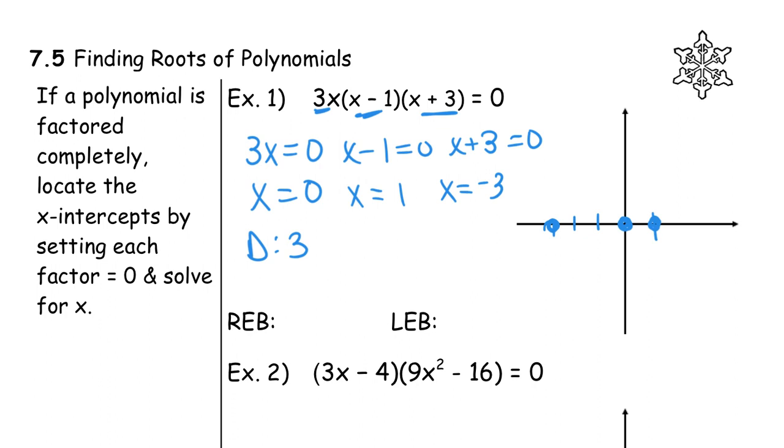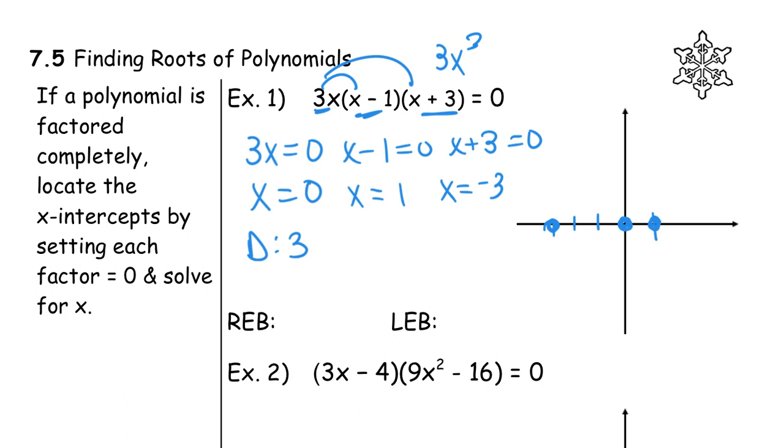If it's odd, are the right and left end behaviors going to be the same or the opposite? Very good. So now let's go back. If we FOILed this out, what would our first leading term be? 3x cubed, right? So my leading coefficient is 3, which is positive or negative.